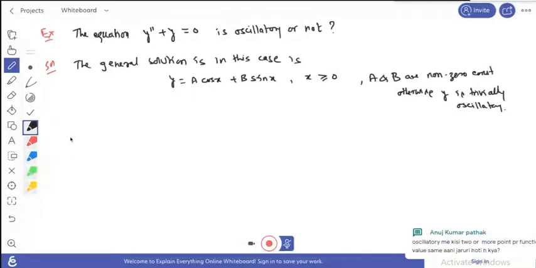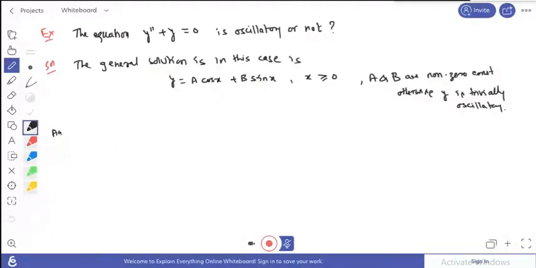So let us see when this will be zero. Then y equals 0 means a cos x plus b sin x equals 0, and we have to find the value of x. For y equals 0, at what value of x does it equal 0, with x belonging to this interval?